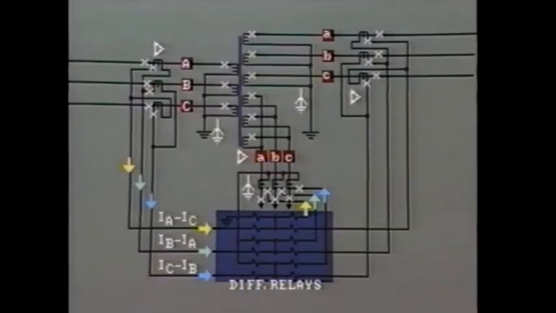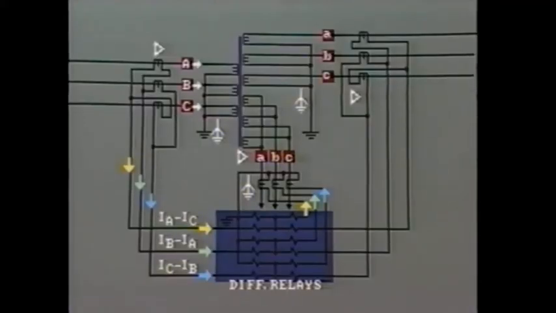Here we have IB minus IA, the green arrow, and in this line, IC minus IB, the blue arrow. The CT secondary currents are representative of the line currents and are indicated by appropriate yellow, green, and blue arrows. These currents from the tertiary transformers are the currents leaving the relay. Having established the direction of the currents for clarity, we'll remove polarity marks.